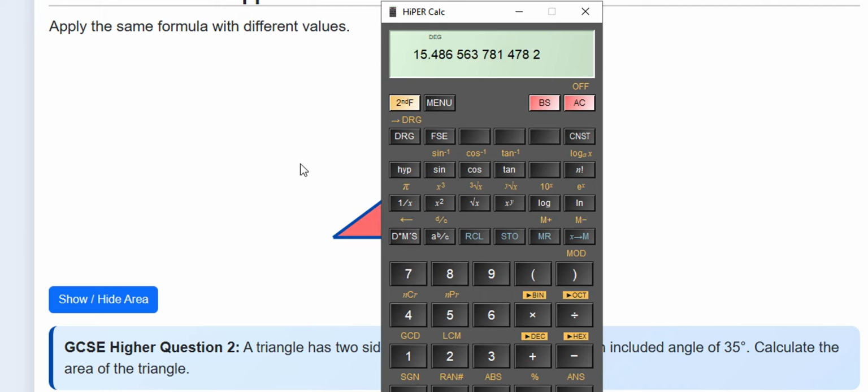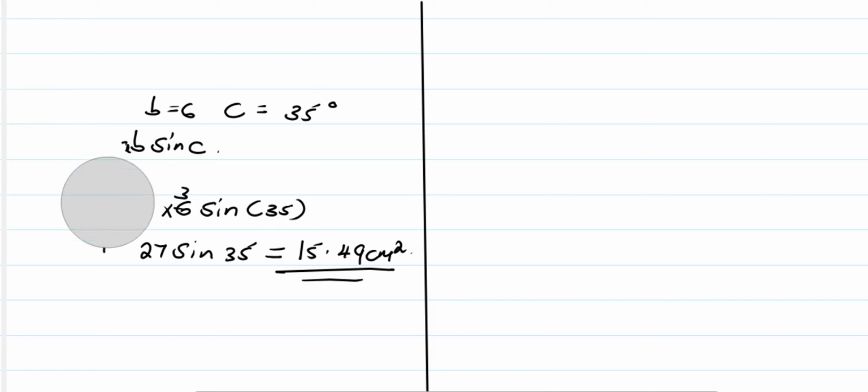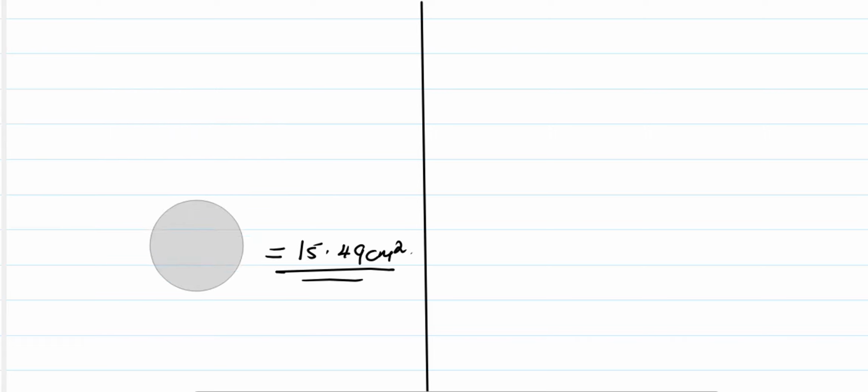The answer becomes 15.49 centimeter squared. That's the area of that triangle. So now we already know how to find the area of a triangle given two sides and an included angle.